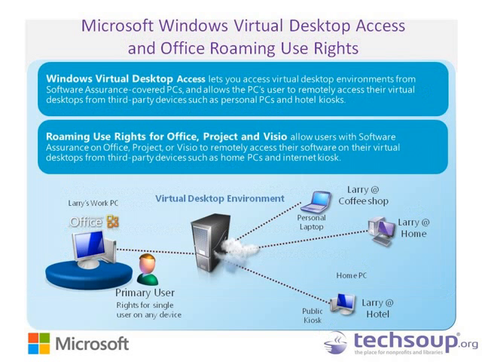Again, a little bit more of a technical slide. I'm not going to go too deep in the technologies. Just to say, there are virtual desktop access and the Office roaming user rights. It's the whole world of virtualization where you run your desktop with your work environment within your company. If you want to virtualize that environment, if you want to access that environment from every location outside of your organization, from personal machines, home machines, kiosk machines, hotel machines, you usually would need additional licensing.